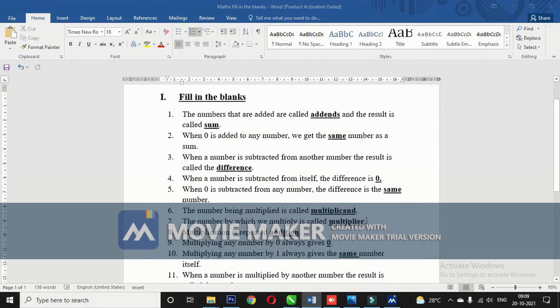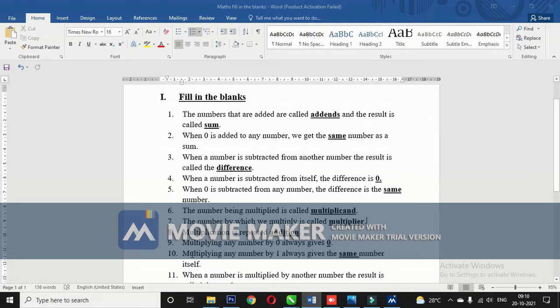Ninth question, multiplying any number by 0 always gives 0. For example, 0 times 10, the answer is 0.